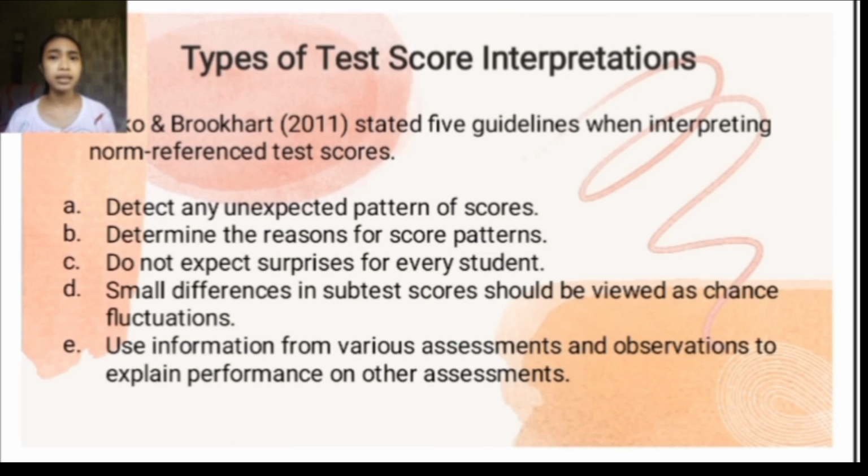Differences in test scores may or may not be statistically significant, which calls for intervention. Then lastly, use information from various assessments and observations to explain performance on other assessments.